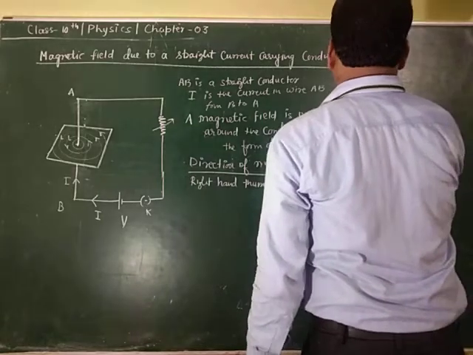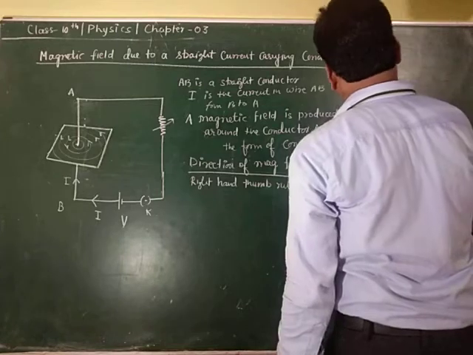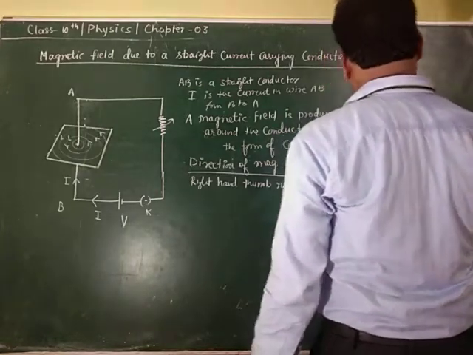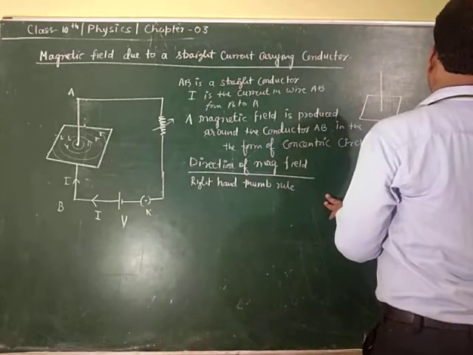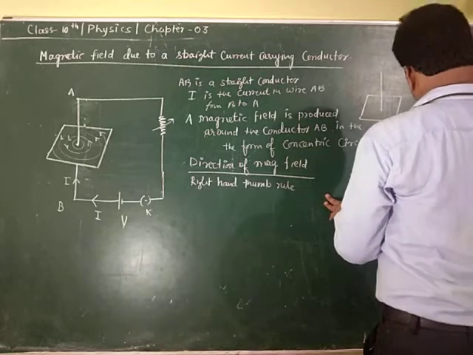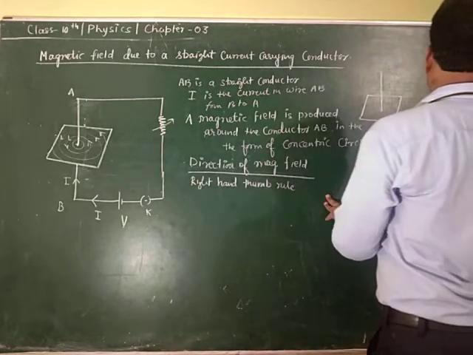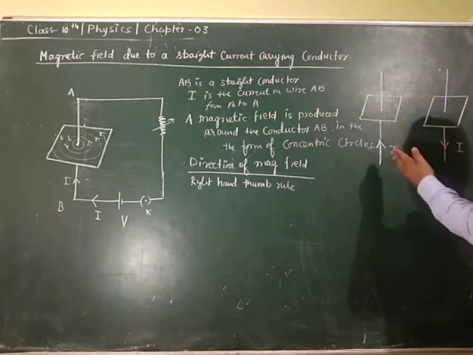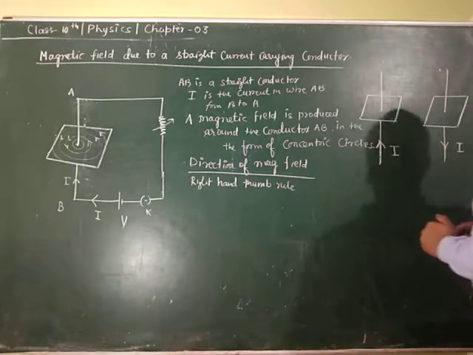Again, I am drawing this diagram for you. In this I have taken upward current, in this I have taken downward current. You can see these two conductors, in which one is carrying the current in the upward direction and the second is carrying the current in the downward direction.